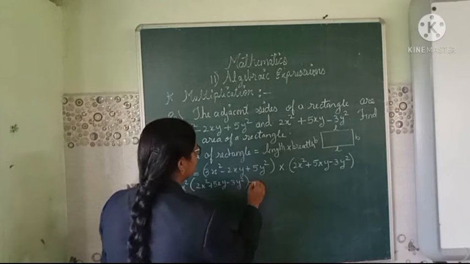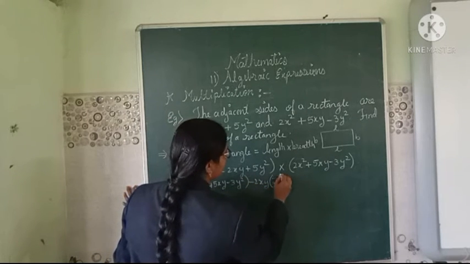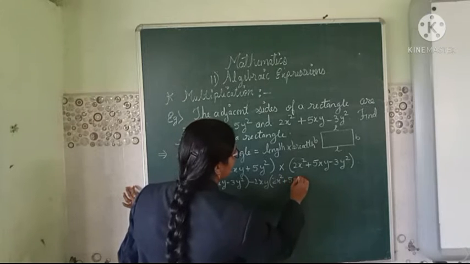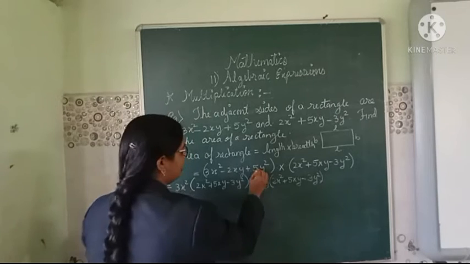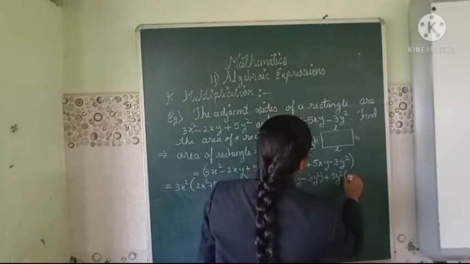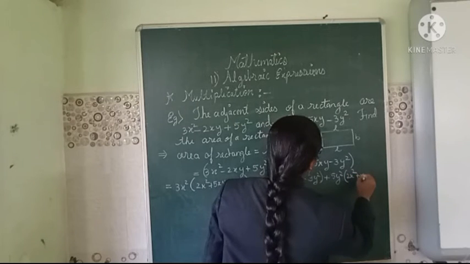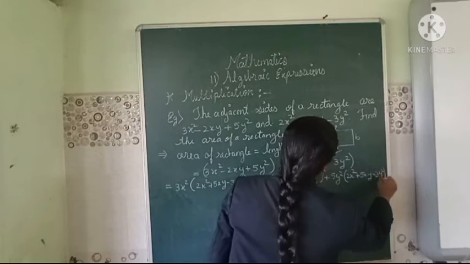Then negative 2xy into bracket 2x square plus 5xy minus 3y square, plus 5y square inside the bracket 2x square plus 5xy minus 3y square.